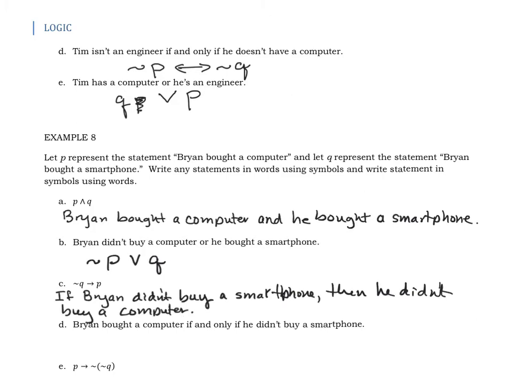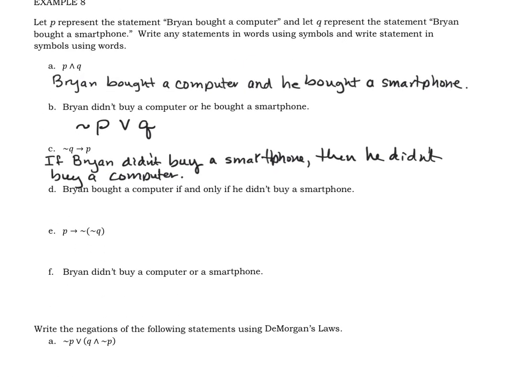All right, now let's see what's next. Brian bought a computer if and only if he didn't buy a smartphone. So Brian buying a computer was P, and if and only if is biconditional. He didn't buy a smartphone, so that'll be the negation of Q. All right, so on E we have a conditional.